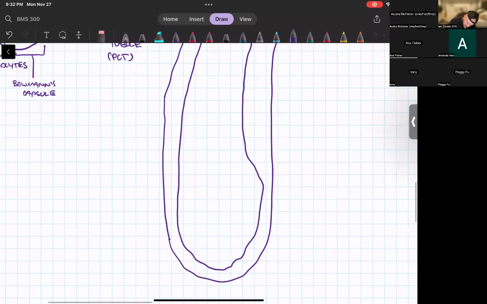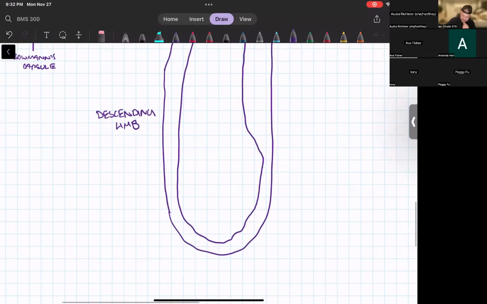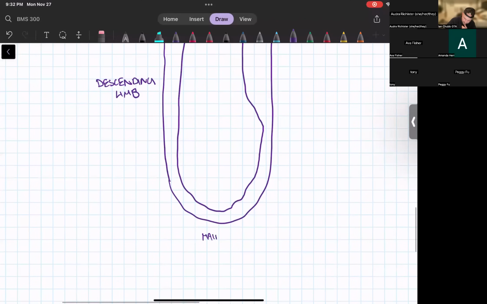Then we'll have a descending limb. This down here is our hairpin turn, or we could also call this the loop of Henle.